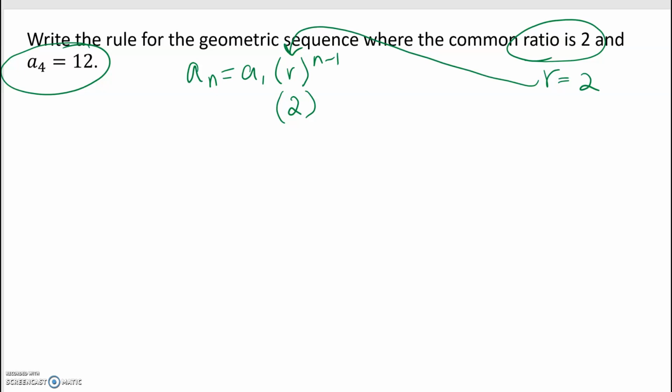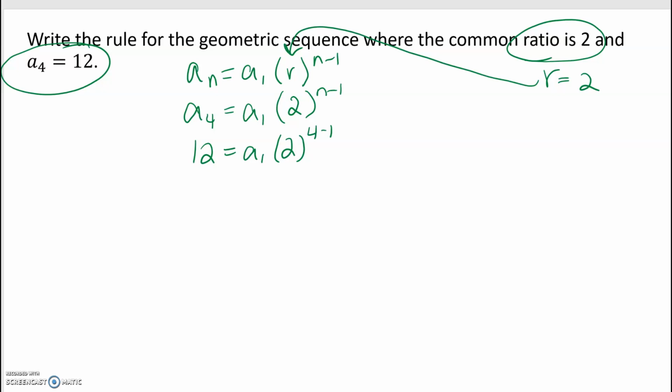I'm giving information, but I'm not given my first term. So I have to plug in that A sub 4 is 12. That tells me my term is 12, and the term number is the 4th term. So I'm plugging in 4 for n.